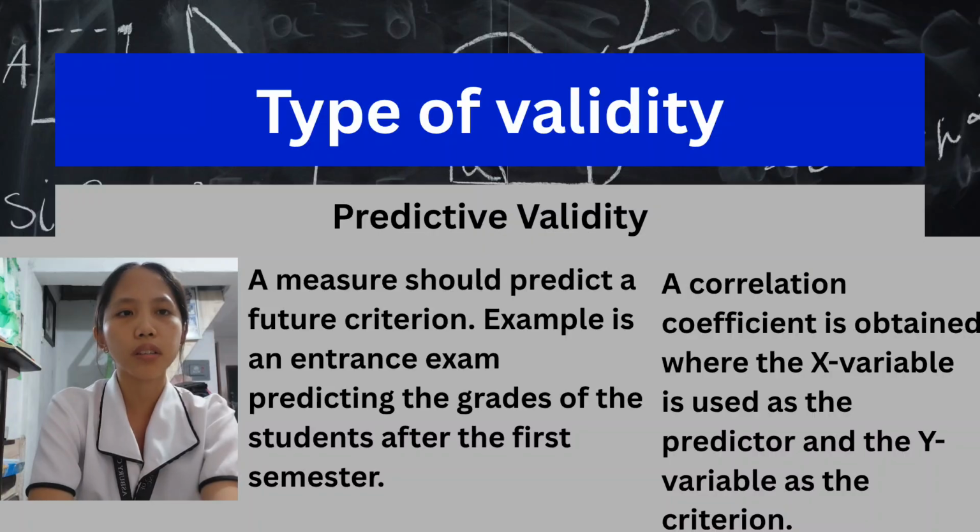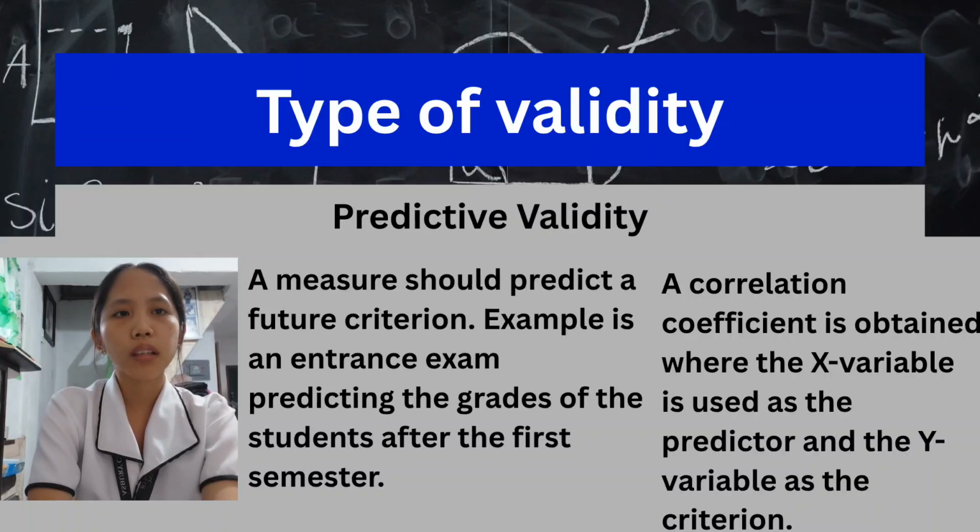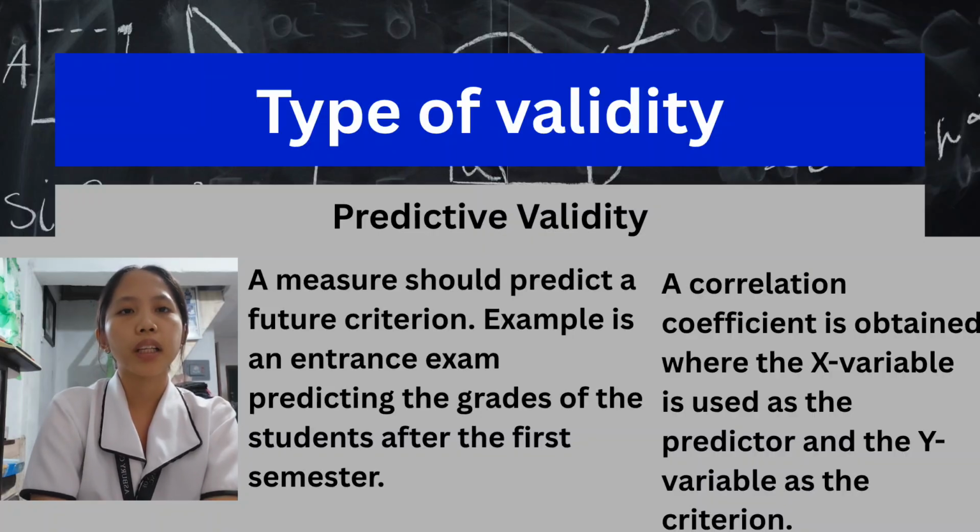When we say correlation coefficient, it is simply a number that tells us how strongly two things are related to each other. For example, ang x natin is entrance exam score. Yun yung predictor natin. And then y naman is yung first semester grades ng isang student. So, this is the criterion or the future outcome we're trying to predict.